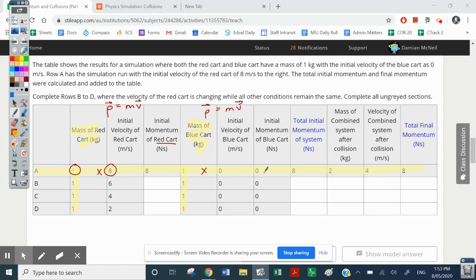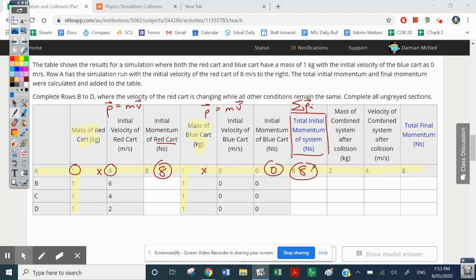So a stationary object's momentum is automatically 0, very similar to kinetic energy. Now, what is the total momentum of the system? This is the sigma momentum of the initial system. It's a sigma symbol, that's the momentum, and that's I for initial. Well, initial momentum is 8 for the red, and for the blue is 0. So 8 plus 0 is 8.